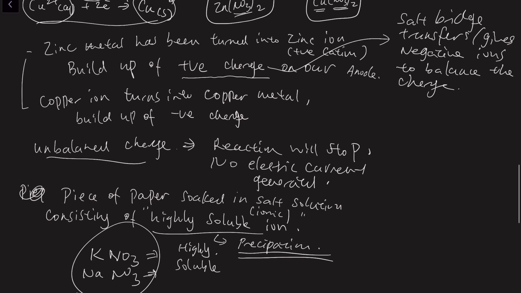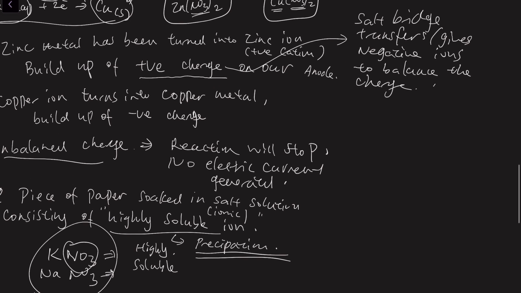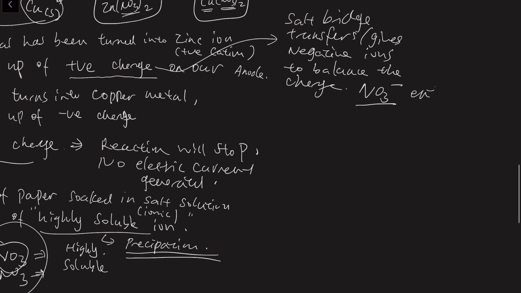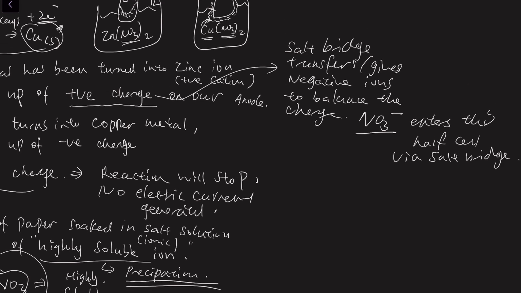So what is the negative ion? Nitrate. The nitrate ion enters this half cell via the salt bridge. And because you have a build-up of positive charge, and the negative ion flows into this side of the half cell, the charge is balanced, and you can have your reaction continue going.